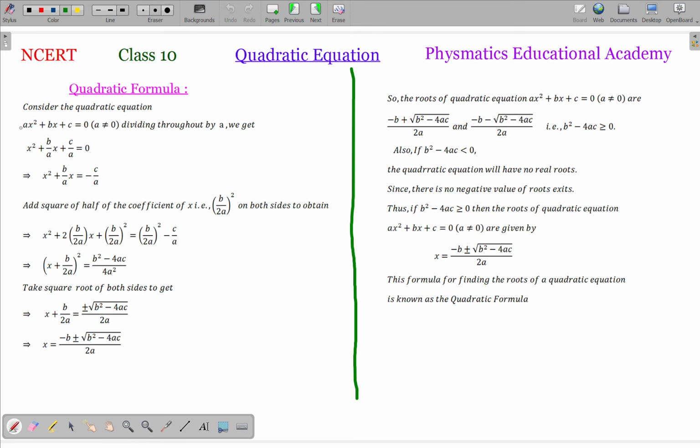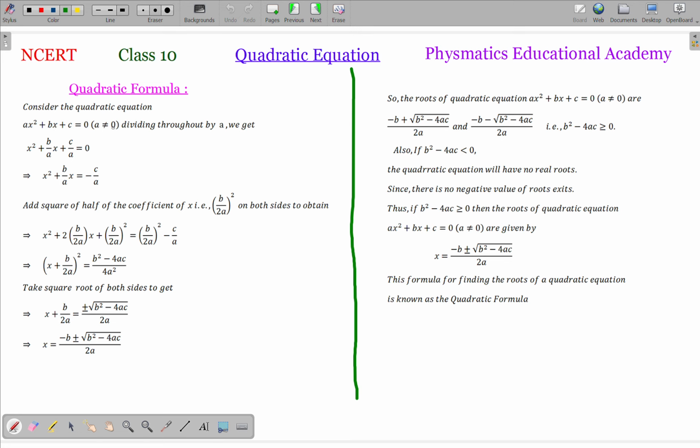If a is equal to 0, there is no ax square term, then this is not a quadratic equation, it is a linear equation. To make this a quadratic equation, a must not be equal to 0.